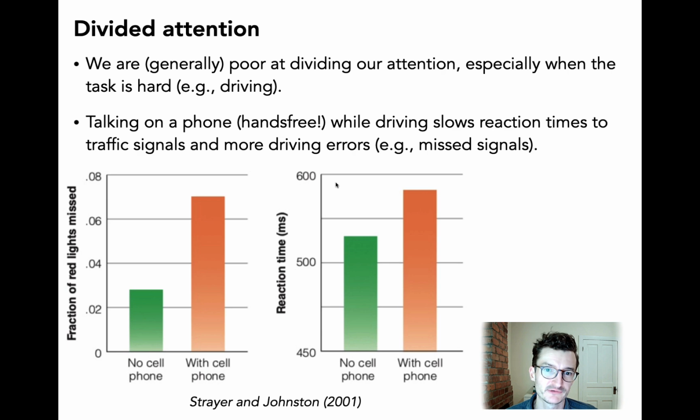That could be the difference between a severe accident and just a minor accident, right? So the takeaway message is, if you want to talk on your phone while driving, pull over, make the call, and then continue driving. Don't talk on your phone while driving, even if it's hands-free, because it affects your ability to drive. Generally speaking, we're bad at doing two things at the same time, even things that we're pretty good at doing.